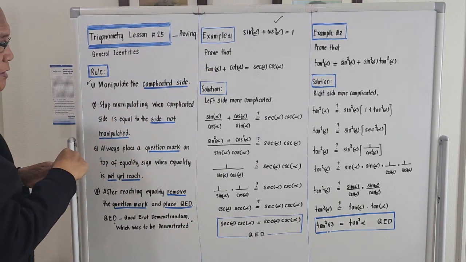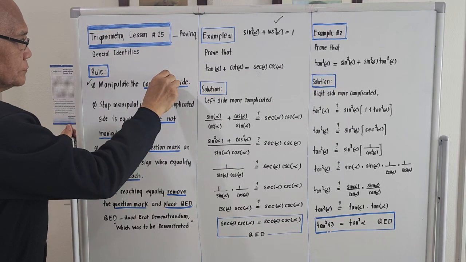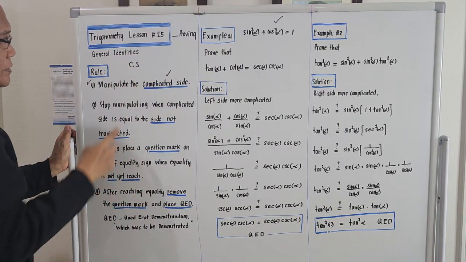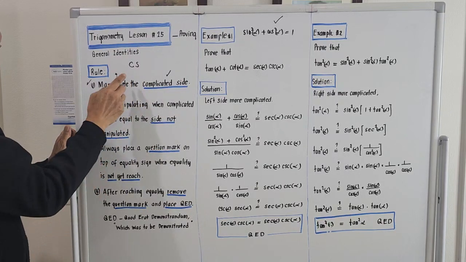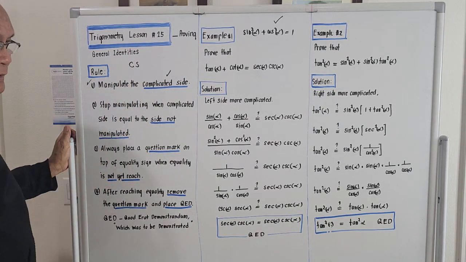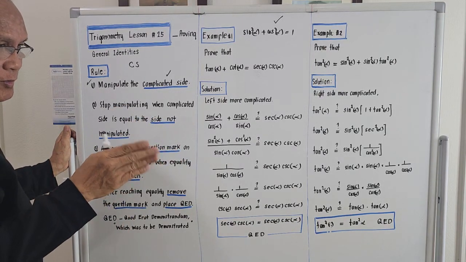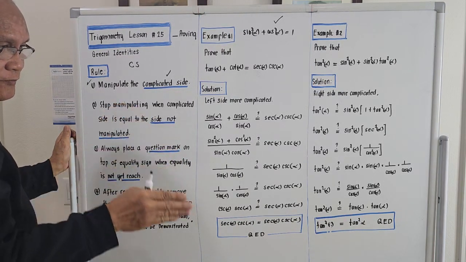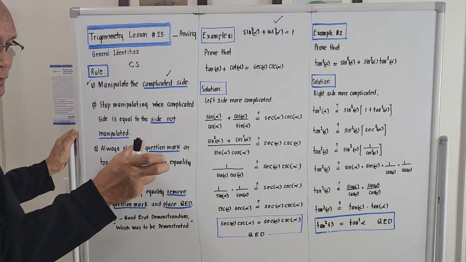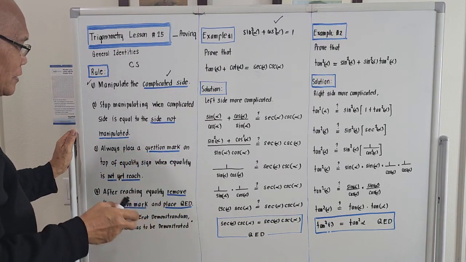Manipulate the complicated side. There should be a complicated side, CS. You'll try to manipulate the complicated side. The hint here is, number 1 step, identify the complicated side and try to make manipulations on the complicated side. Okay.